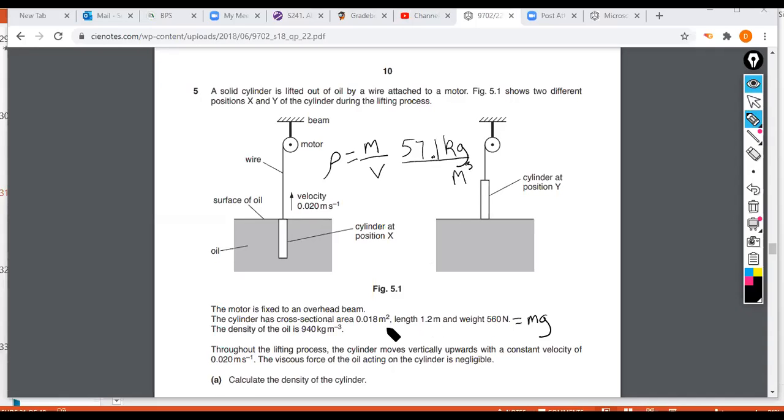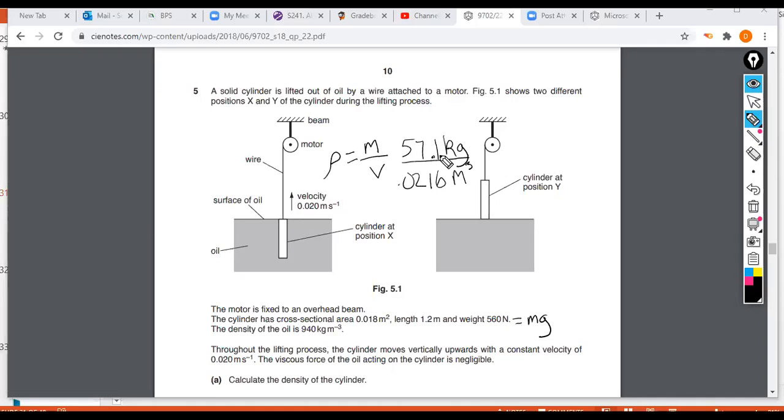Right, those are good units for volume, so just multiply 0.018 times 1.2, which means the volume of that cylinder in cubic meters is 0.0216.